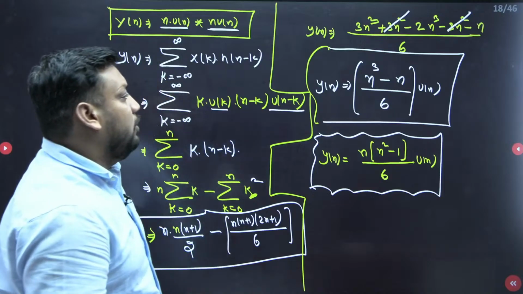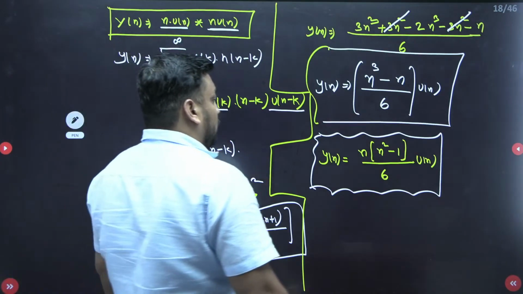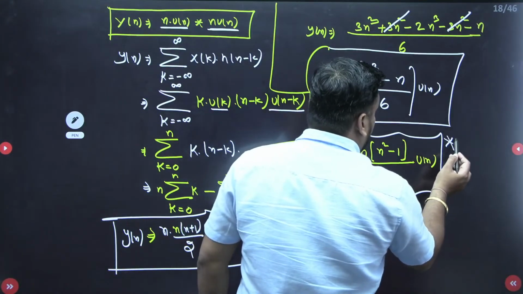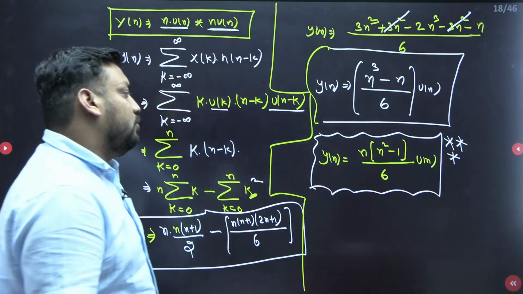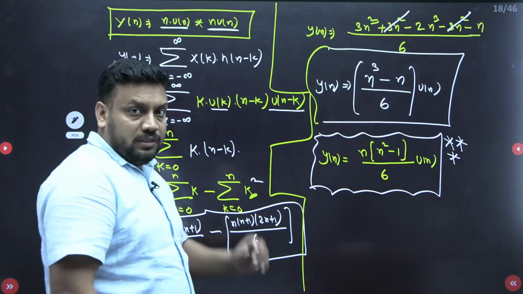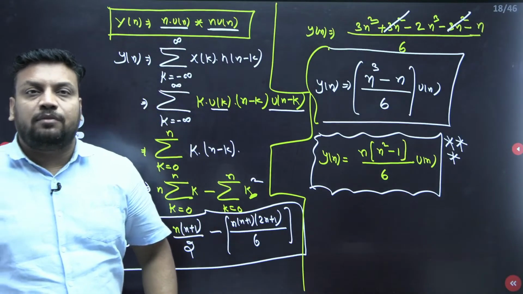So y of n is equal to n into n square minus 1 upon 6 into u of n. All of you guys just reply fast. Is this crystal clear beta? Shall we go for next?